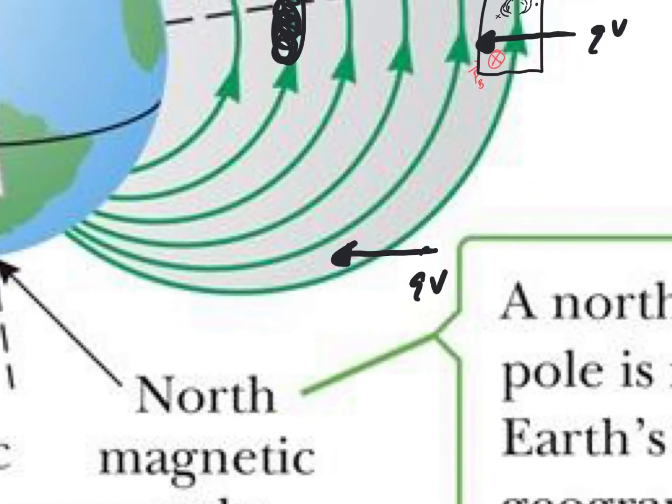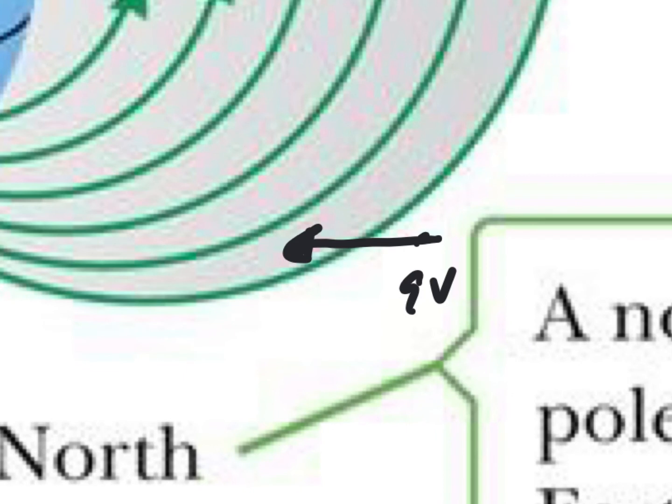What about this one down here? What is it going to do? Well, we still have those two components to consider. We have the component that is parallel to the magnetic field. Technically, it's anti-parallel because it's in the opposite direction of the magnetic field.